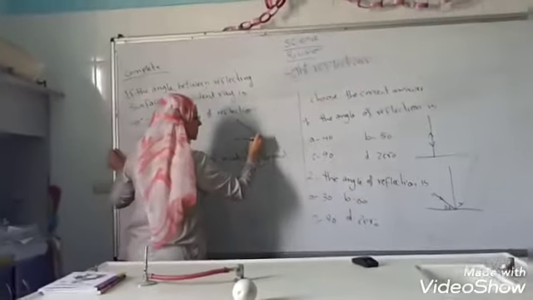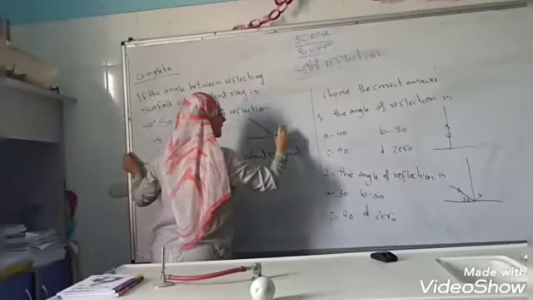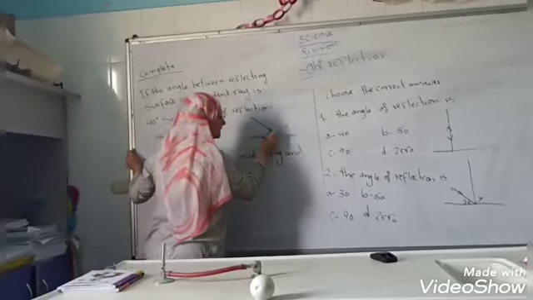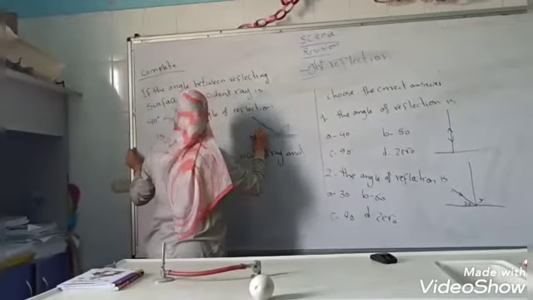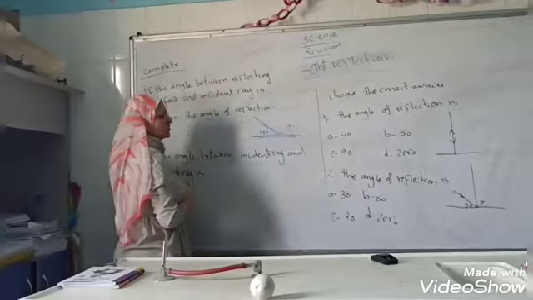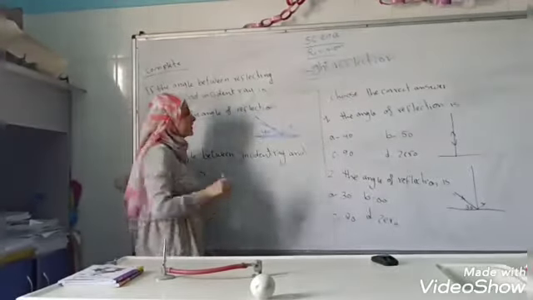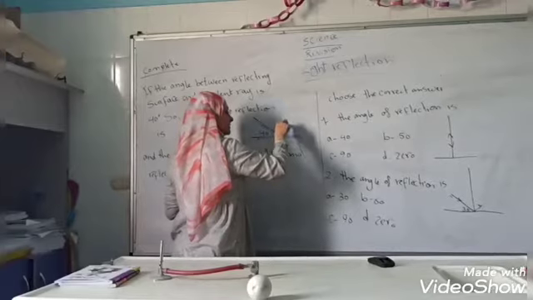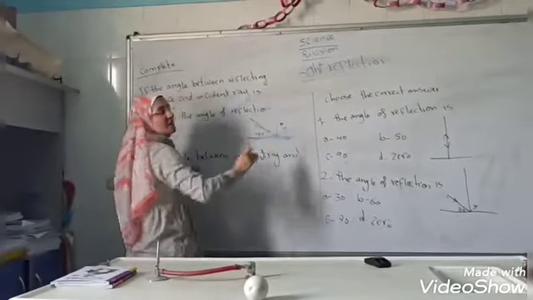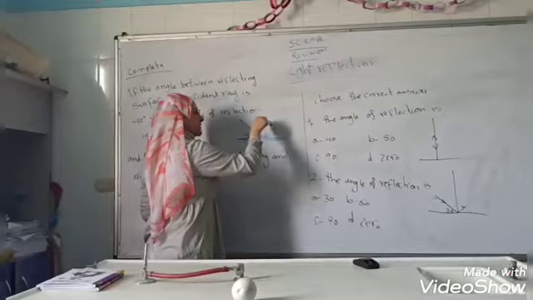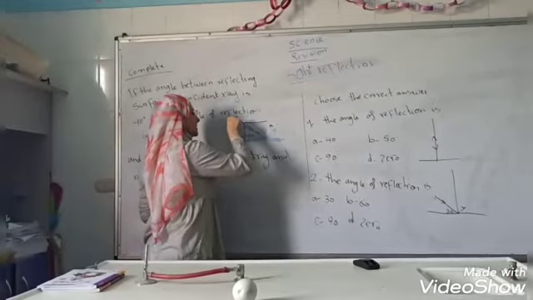The angle between the reflecting surface and the incident light ray is 40. So where is the angle of reflection? The angle of reflection is here. What is the relation in this figure? The normal and the reflecting surface make 90 degrees.